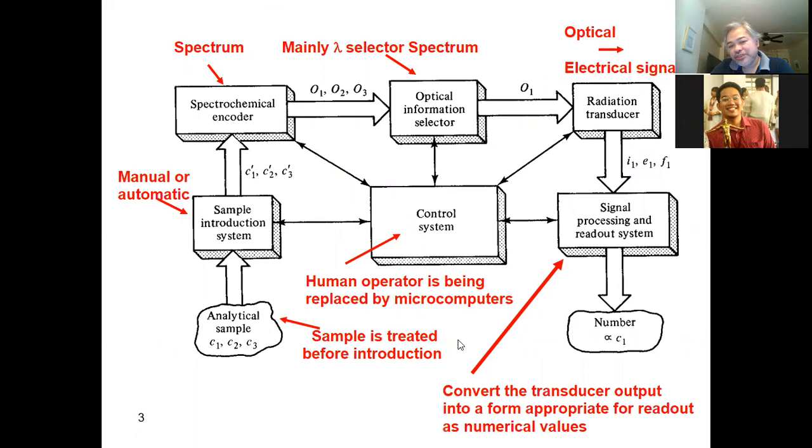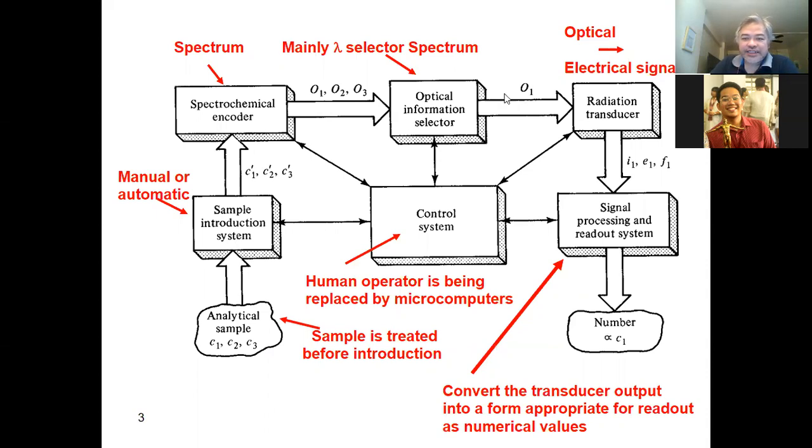The way that you're going to have it here, you have your analytical sample being introduced through a sample introduction system, where it is converted by a spectrochemical encoder that changes the concentration into some sort of optical signal.